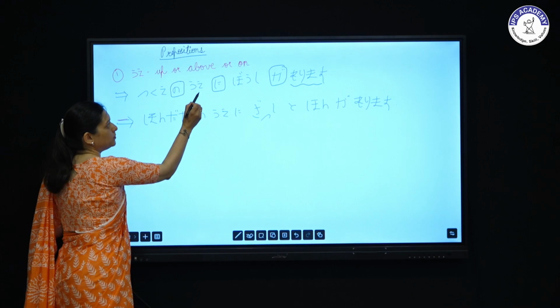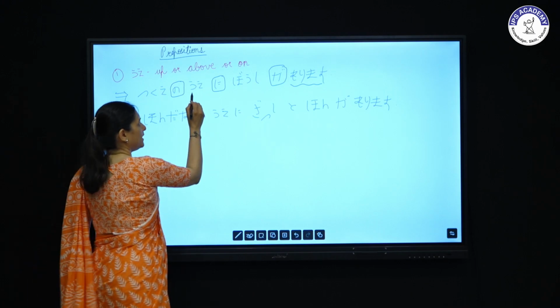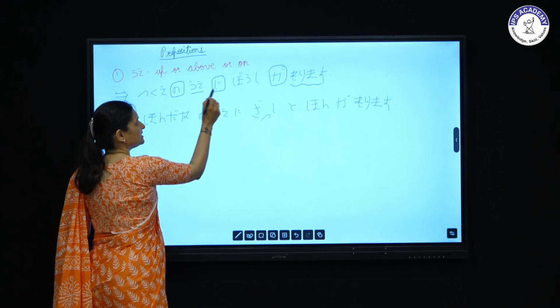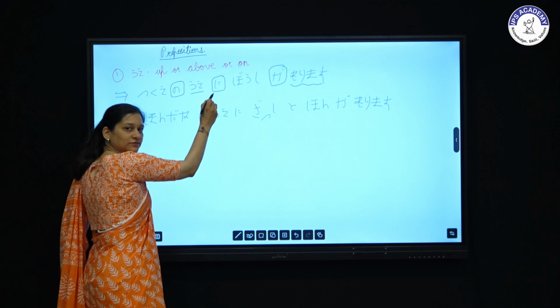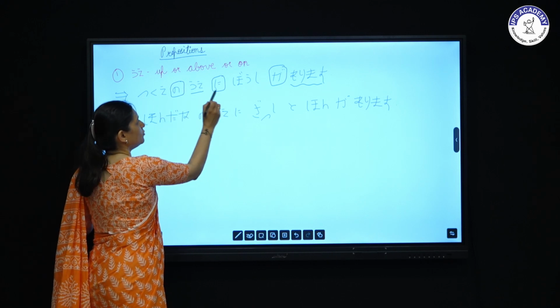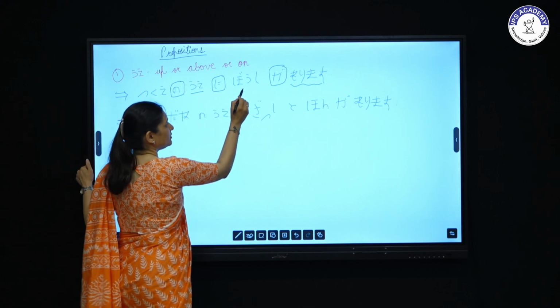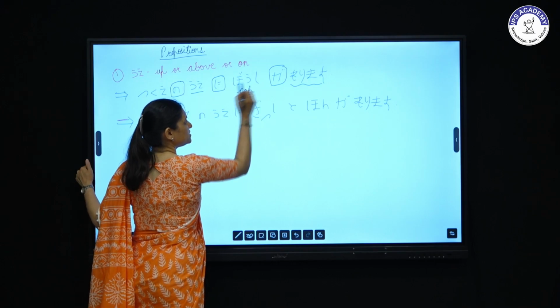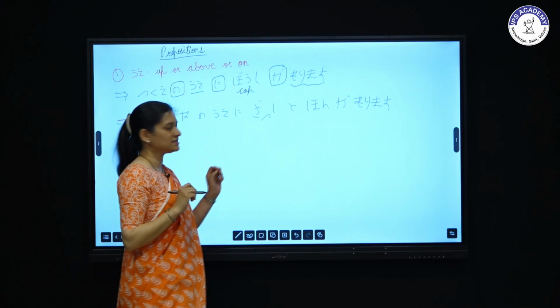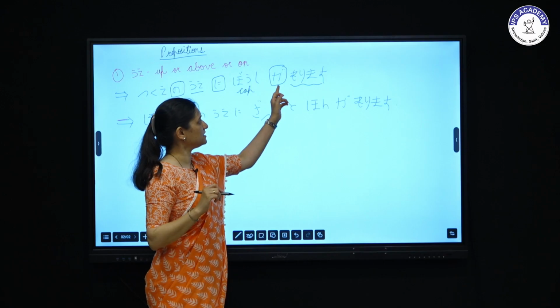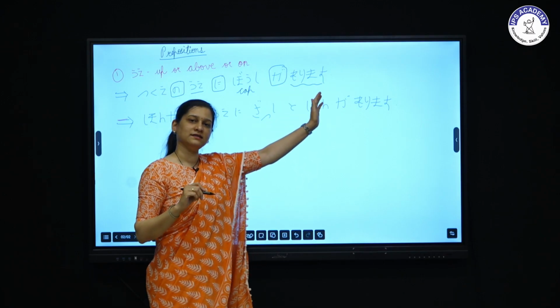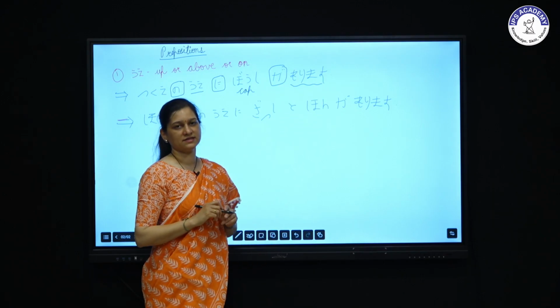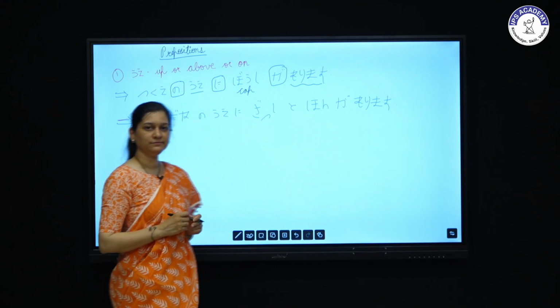Table के ऊपर. Now ue indicates the place, that's why we'll use ni particle after it. Table के ऊपर. Cap है. Cap is the object, the noun of our sentence. That's why we'll use ga particle after it, and then at the end it will be arimasu. Wakarimasu ka?